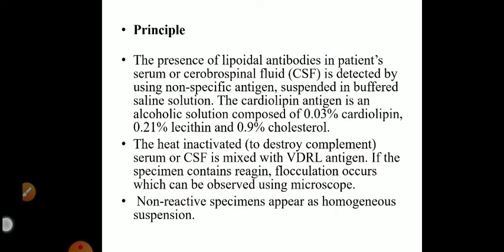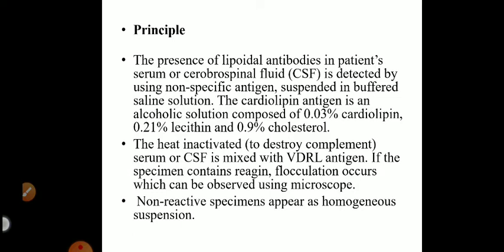In the traditional test we use heated serum, but nowadays in the RPR test or TRUST antigen test we don't heat the serum. So the serum or CSF is mixed with the cardiolipin antigen.